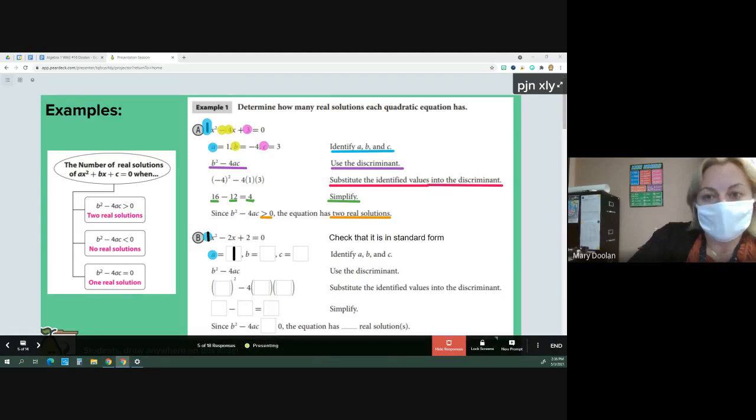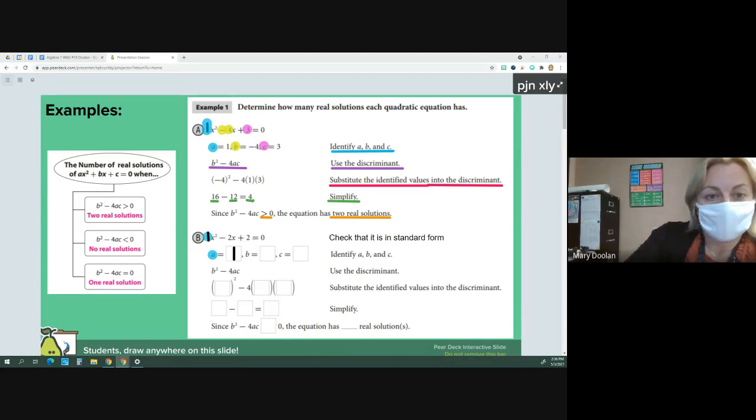Then we're going to figure out what B is. B is whatever number is in front of the x. If you see a subtraction sign, it belongs to that term. So B is not just 2, but negative 2. And then we'll figure out what C is. C is the constant, okay? The number by itself without an x.